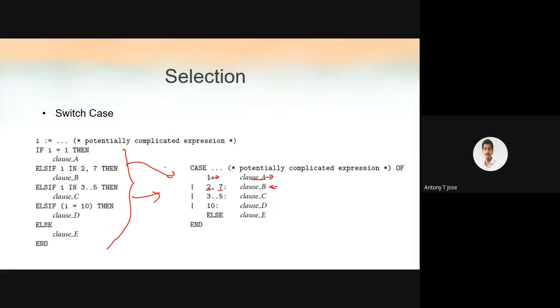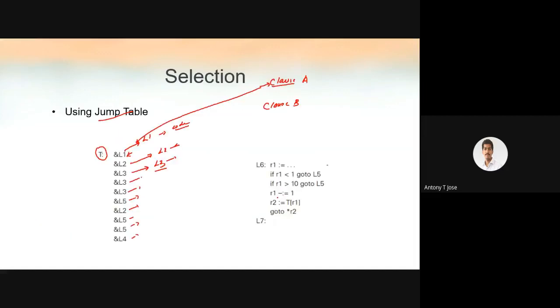L3 corresponds to close C. Now there is something called L4, and L5. Here there is 10, and there is an else statement.